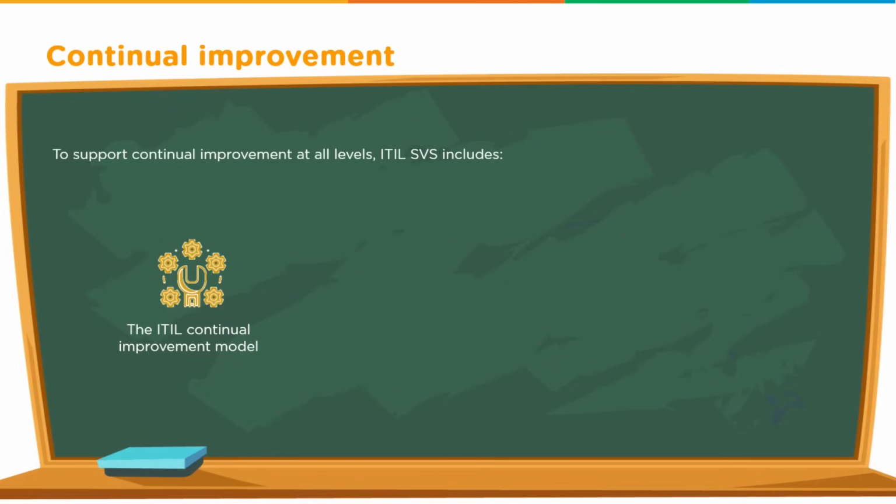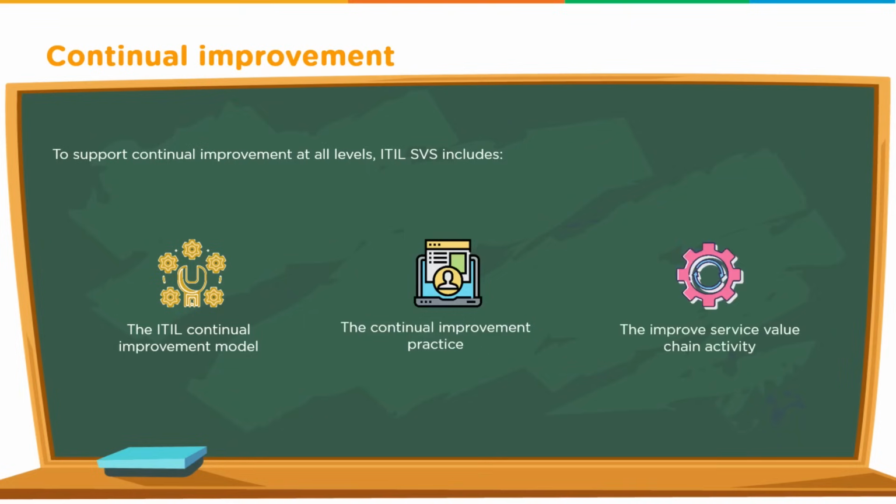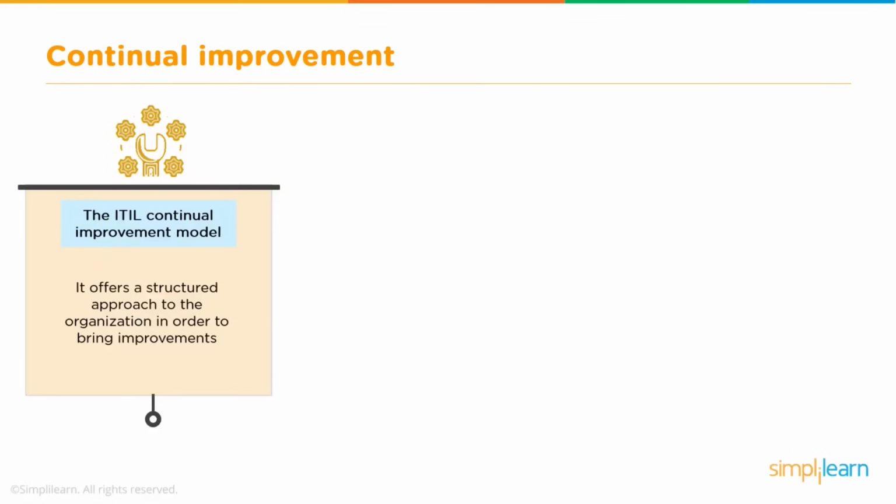So we support continual improvement at all levels. The ITIL service value system includes the continual improvement model, which has the continual improvement practice and the improve service value chain activity. The ITIL continual improvement model provides a structured approach to the organization in order to bring the required improvements on a regular basis.